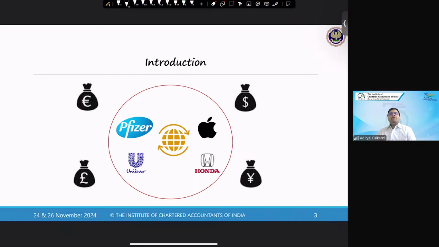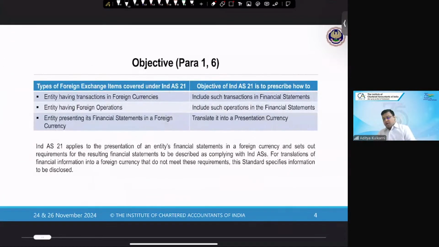You could have free flow of foreign currency like dollars, euros, pounds, yens, INR, etc., which keep crossing the borders with great ease in today's times. Therefore, it becomes very critical for us to really know how to do the accounting for these categories of transactions.